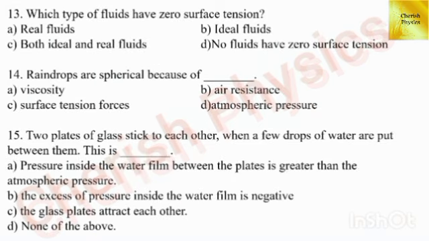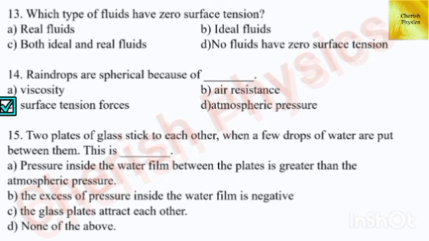13th question. Which type of fluids have zero surface tension? The answer is ideal fluids. 14th question. Raindrops are spherical because of dash.